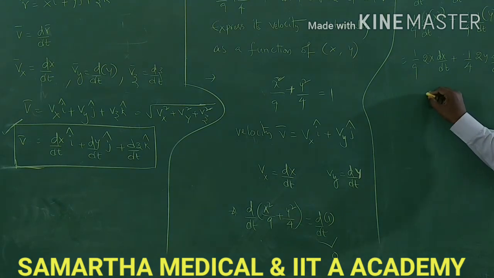Now 1 by 9 into 2x dx by dt is equal to minus 2y by 4 into dy by dt.